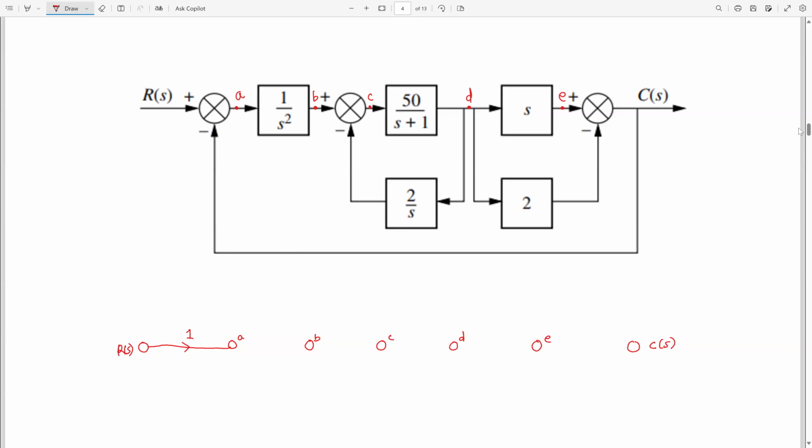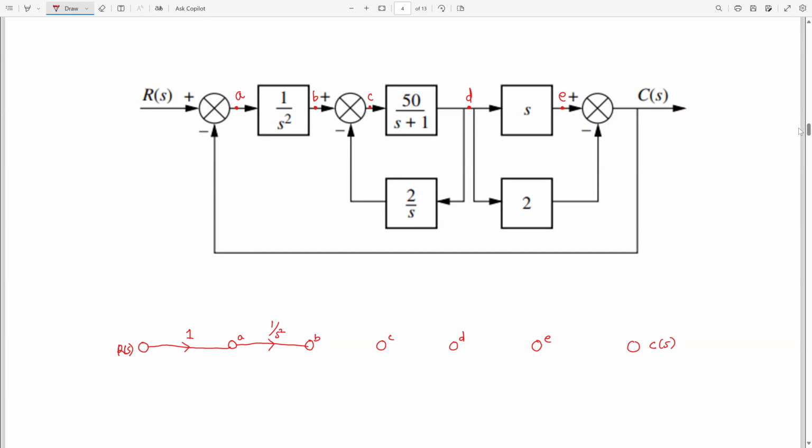And then from there, I move on to the signal A to B. I link the node A and B. I show the direction of the signal. Then I name it with the transfer function of this system, 1 over S squared.